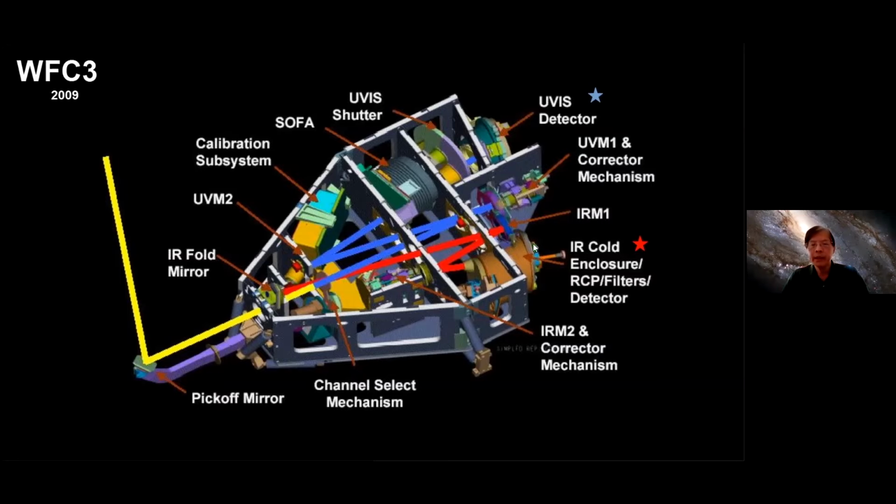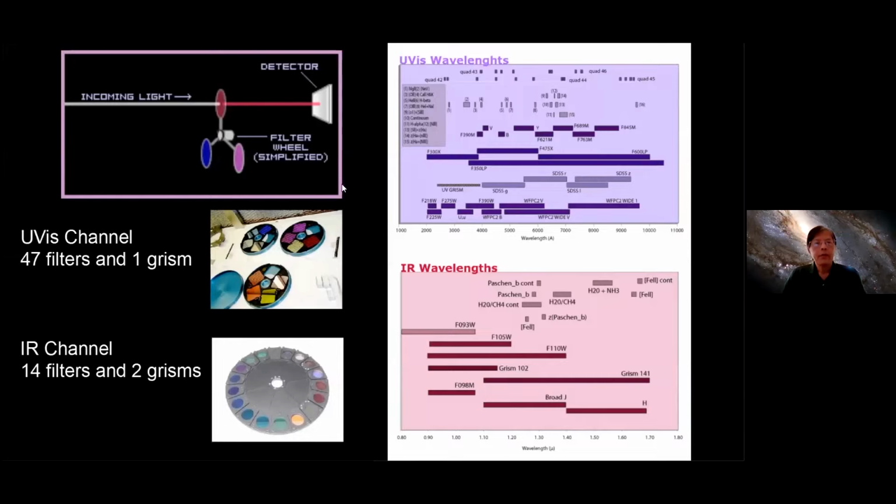And then the second path takes it into the infrared detector, which will take images of distant galaxies in infrared or nebulae or planets. Now, in front of each of these detectors is a whole array of filters. And this is the important thing for you to remember, because we're going to go into a little bit more about filters and what they do.